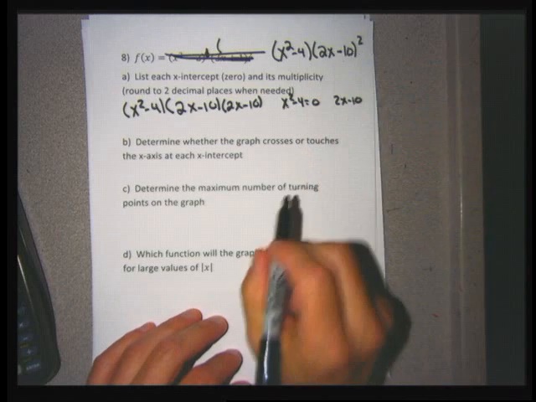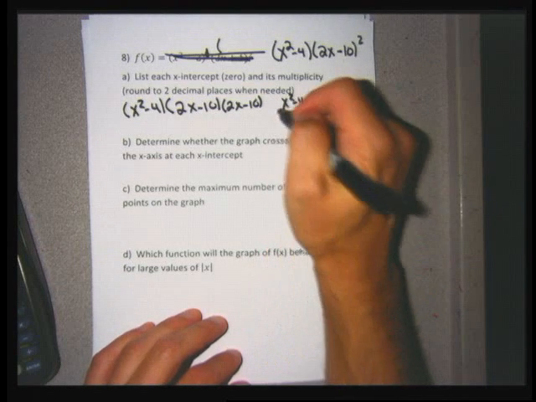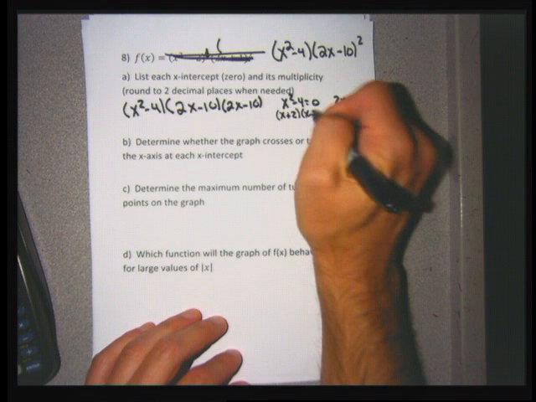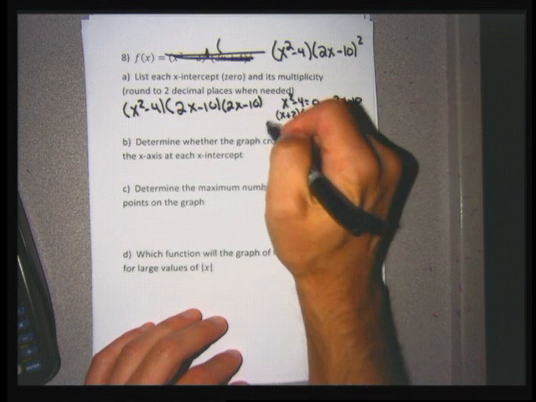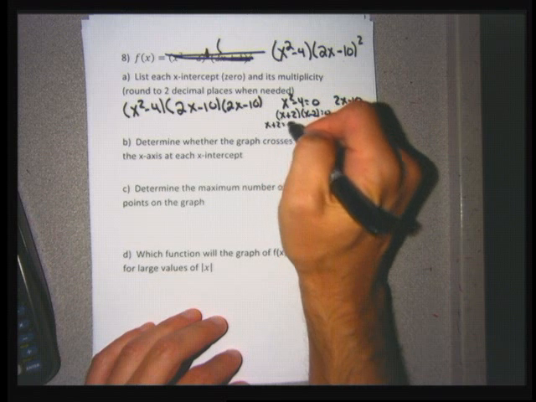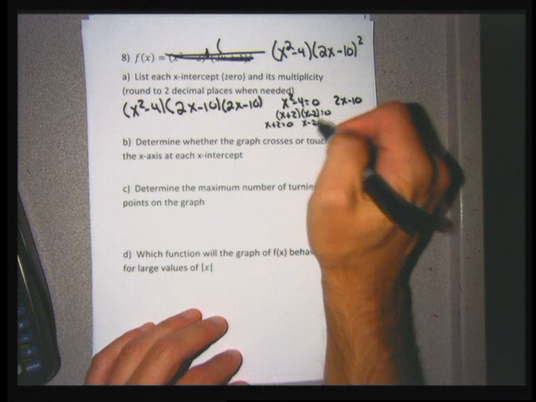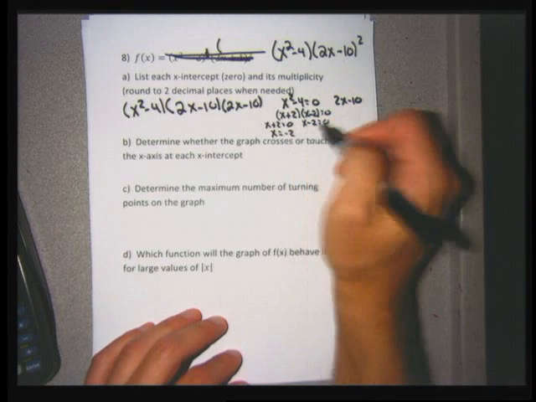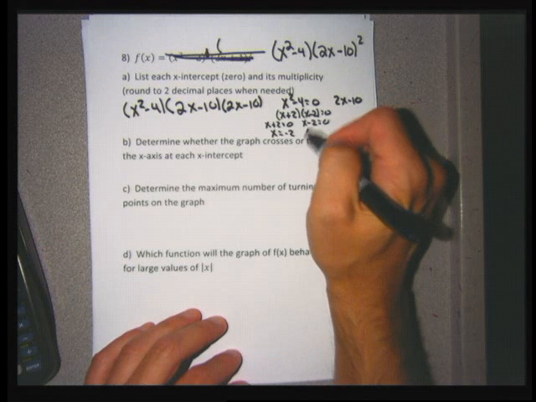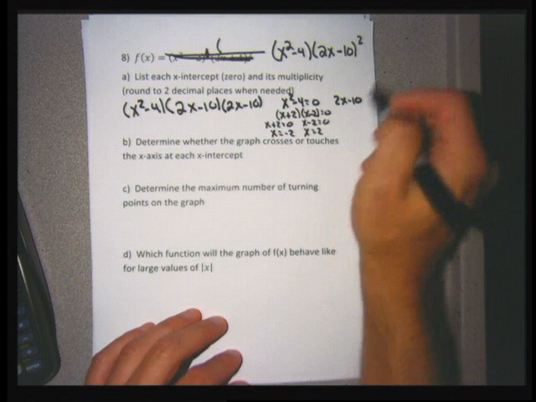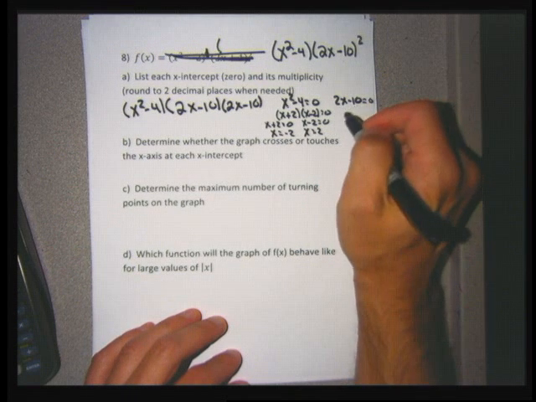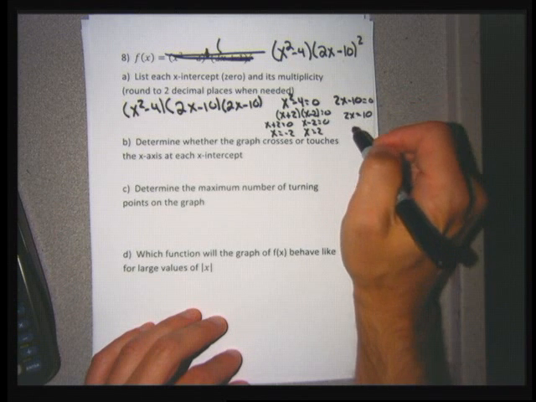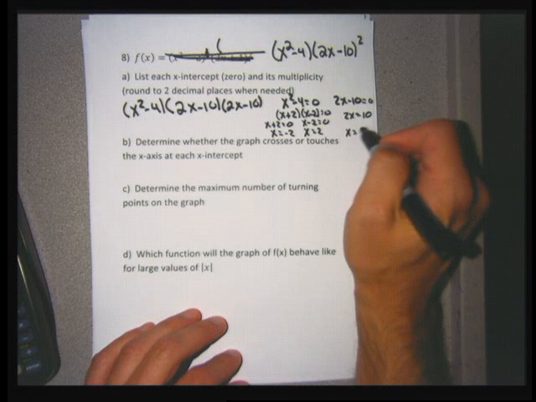For the x squared minus 4, I can solve by factoring this to x plus 2 times x minus 2. Then I'll go x plus 2 equal to 0, x minus 2 equal to 0. Subtract 2 from the x plus 2 and get negative 2. Add 2 to the x minus 2 and get x equal to 2. For the 2x minus 10 equal to 0, I'm going to add 10 to both sides and get 2x equal to 10. Divide both sides by 2 and get x equal to 5.